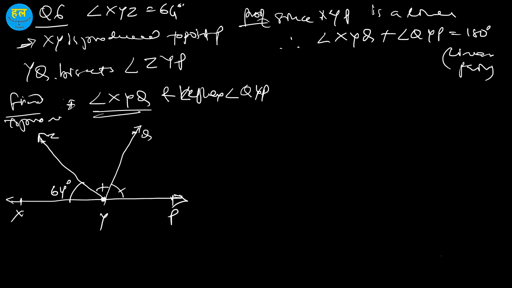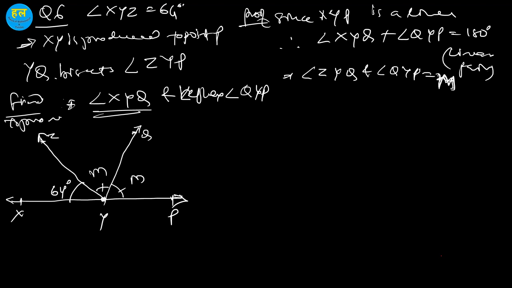Let us assume angle ZYQ and angle QYP are equal to M, because X is already written there. Since both angles are equal, we can write here M.